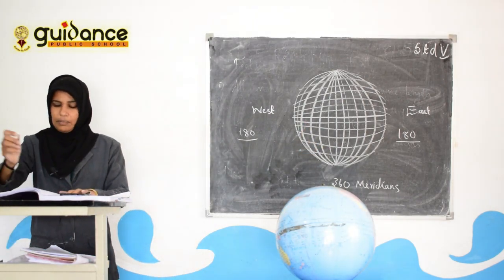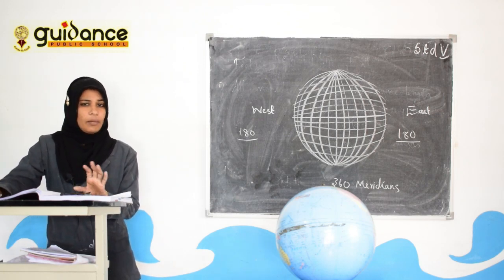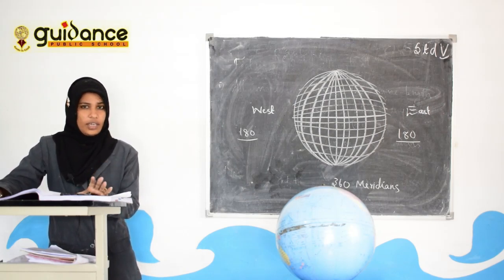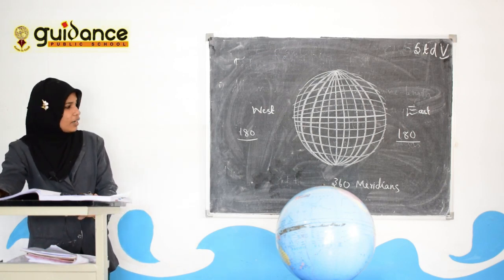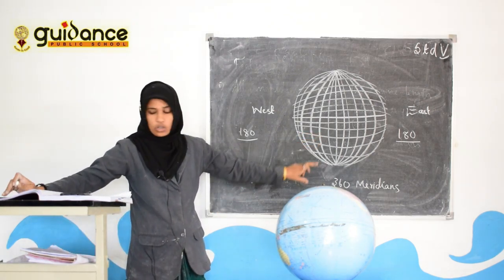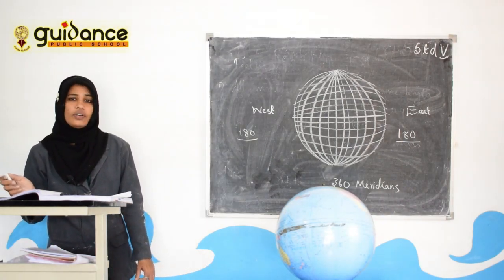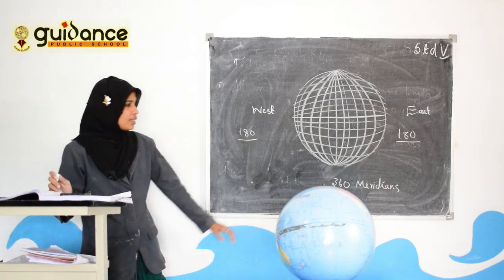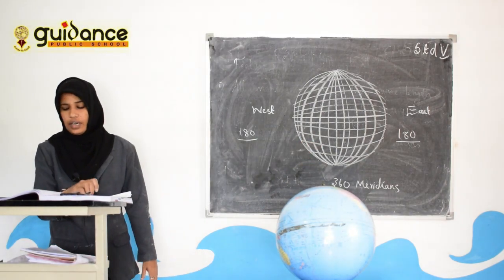To locate a place, we must know the value of the parallel and meridian. The point at which the parallels and the meridians cross each other, that is the location of that place.